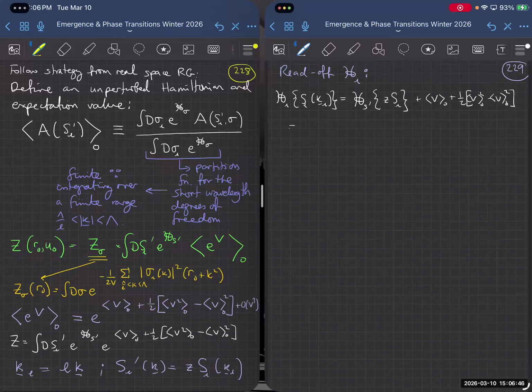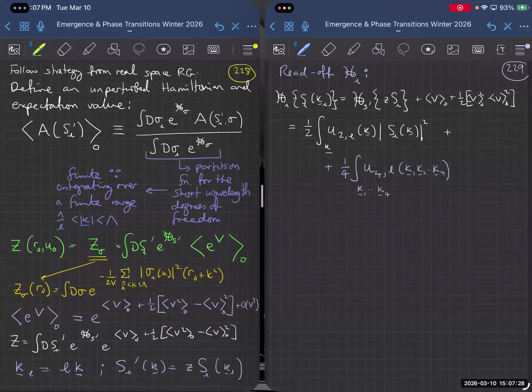And then when we've written that down, it's going to end up looking like this: 1/2 the integral over K, a function that I'm going to call U2L of K, then S_L of K squared, plus 1/4 the integral over K1 up to K4, a function that I'm going to call U4L, which is going to depend on K1, K2 up to K4, and then times (2 pi)^d times a momentum conserving delta function, which I will just write as the sum from i equals 1 to 4 of Ki, and then my new fields S_K1 up to S_K4.